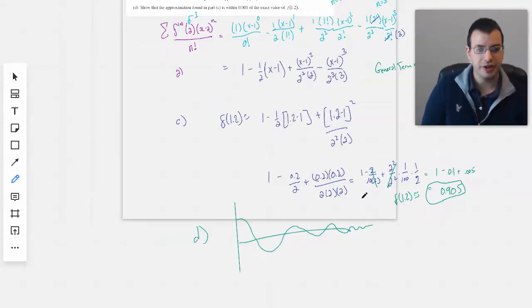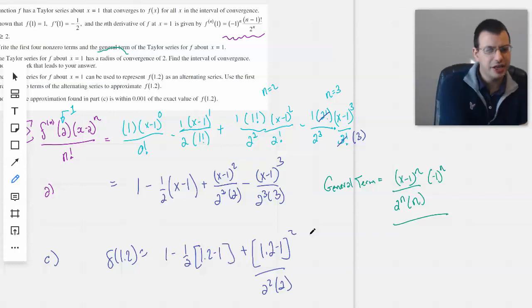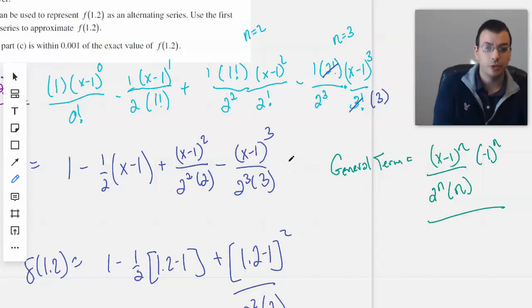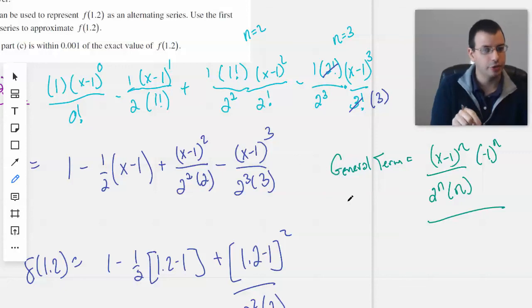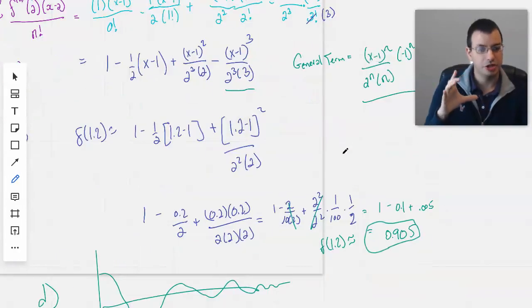So the margin of error for an alternating series, actually for any Taylor series, I think, will be within the following term. So we want to find the value of this term right here, and that will show us the margin of error we have.